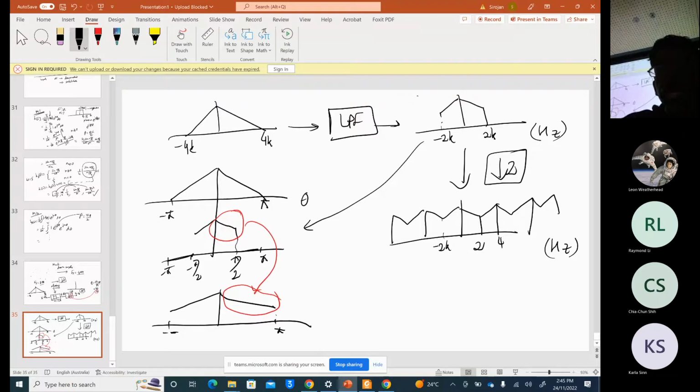We take out the alternate samples and do the downsampling. So in the downsampling case, we have this low pass filter here. Okay, so that is for the downsampling case.